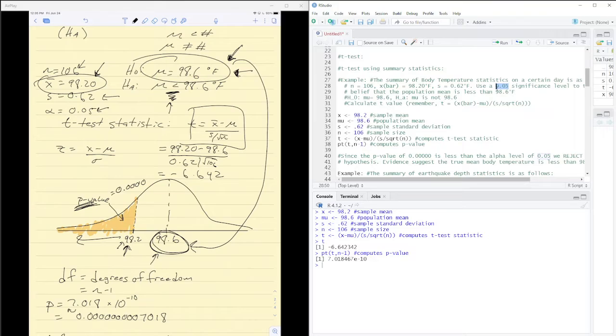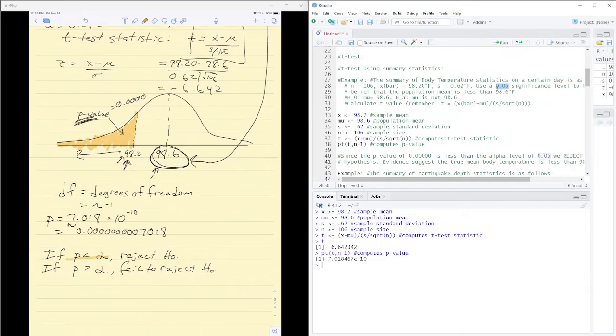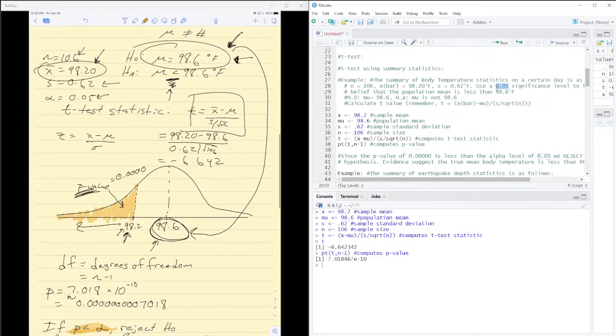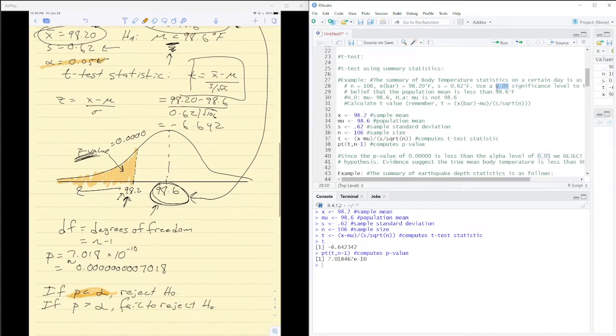So if the probability is less than 5%, then we are going to reject the null hypothesis.